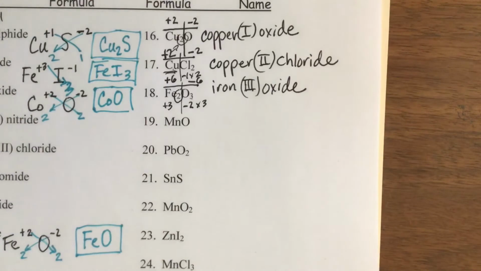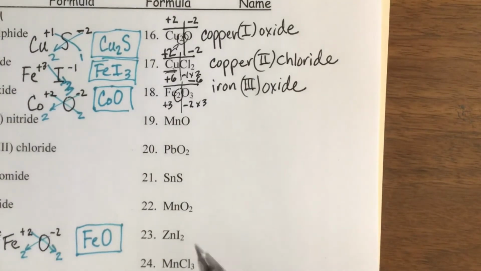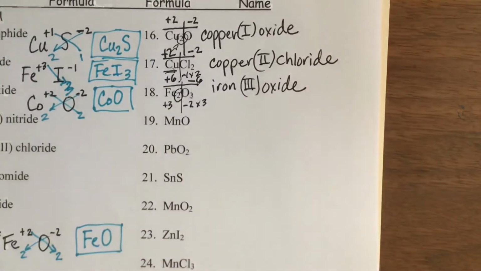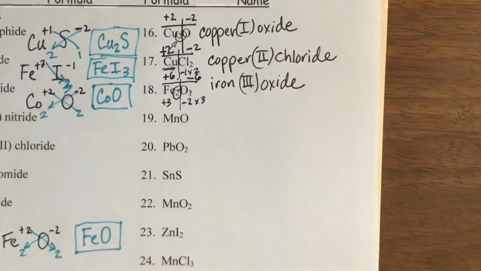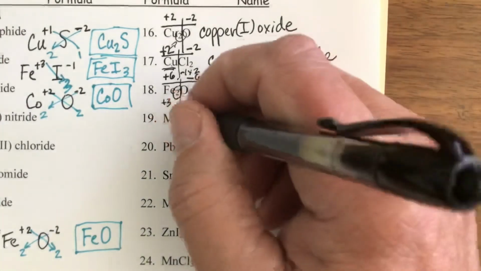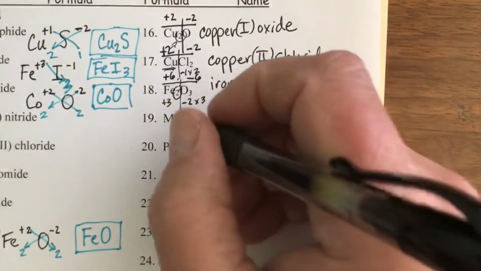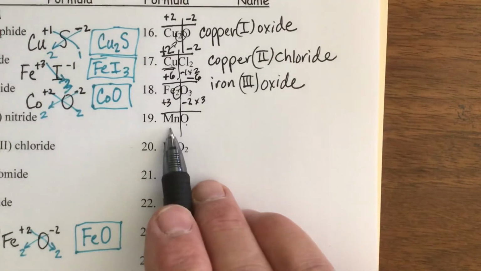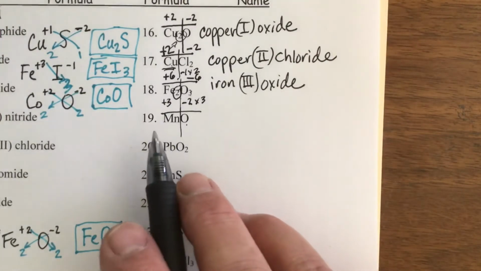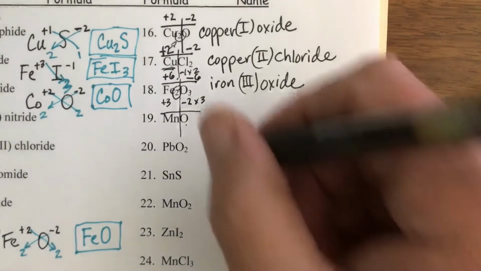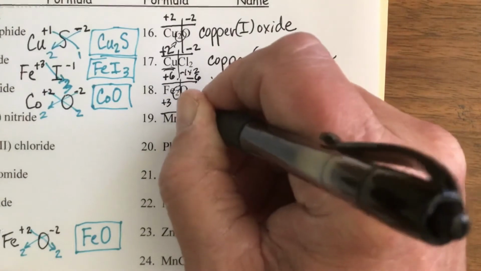Now what some people think they can do is they can just reverse crisscross the charges. And this 3 goes up here to a +3, and that 2 goes to a -2. That would work on this one, but it would not work on this one here. This is why you need to work this out. So on this one here, there's one oxygen and one manganese. So is that manganese 1? No, it's not. So oxygen has a -2 charge.